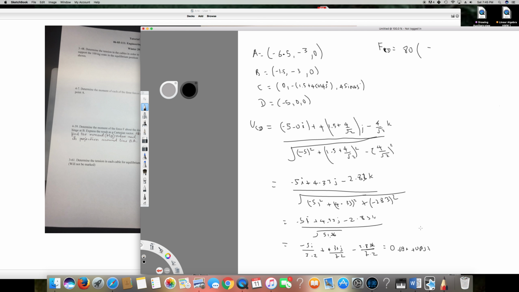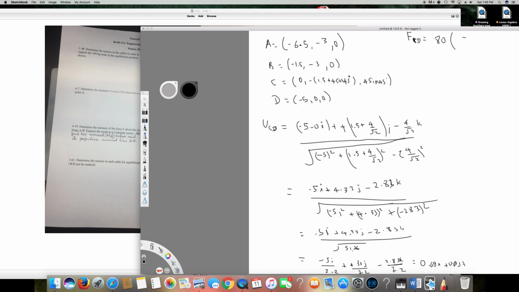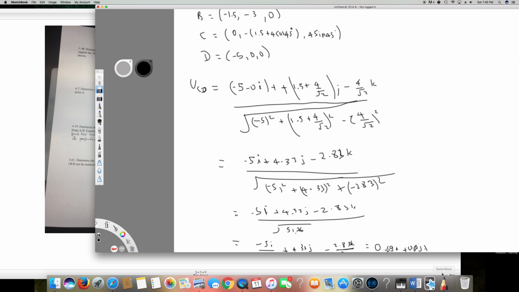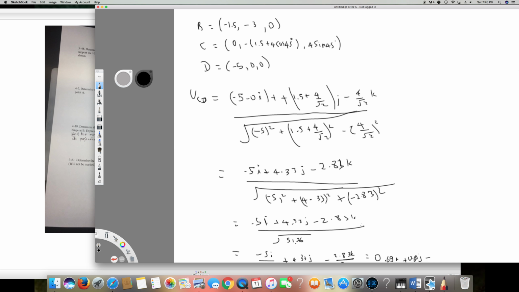and the 2.83 is minus, so we have to be careful about the sign, guys, because if one sign is messed up, everything is gone. So 2.83 divided by 7.2, so 0.39 k.